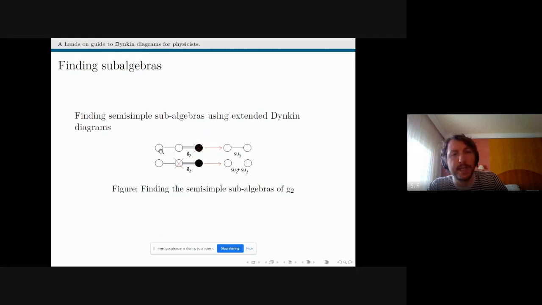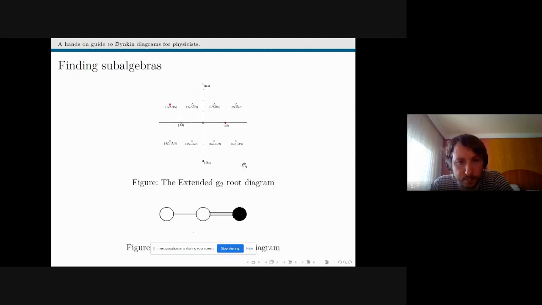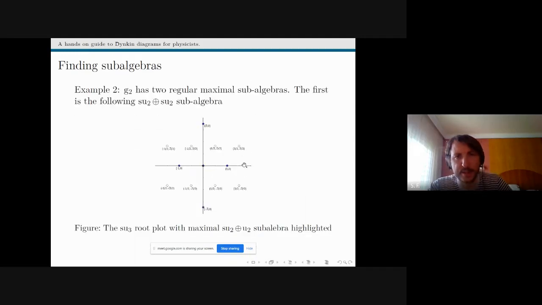So for example, if we write down the extended Dynkin diagram for G2, then if we cross off this element here, we end up with the SU3 Dynkin diagram. And if we cross off this element here, we end up with the SU2 plus SU2 semi-simple Dynkin diagram.